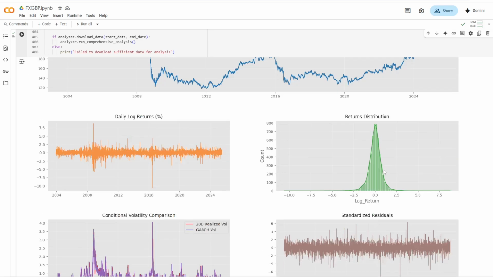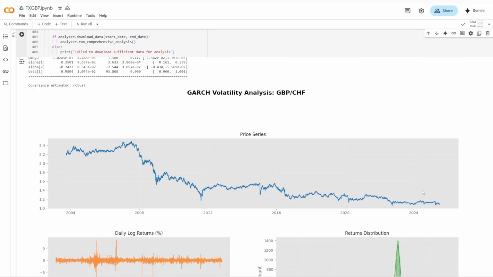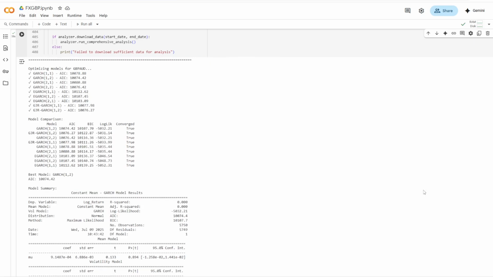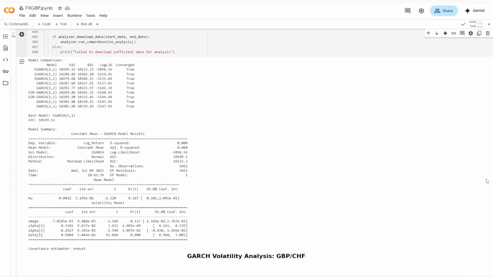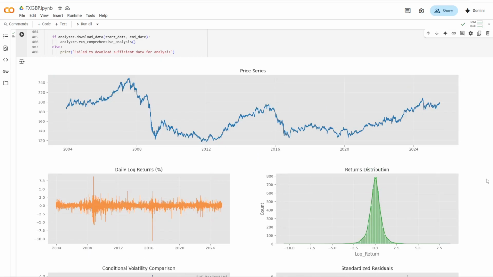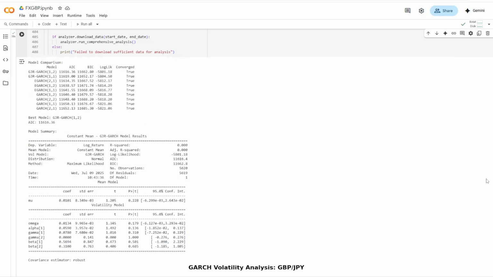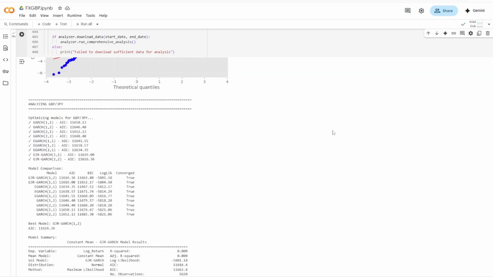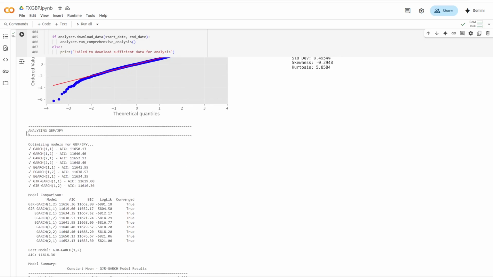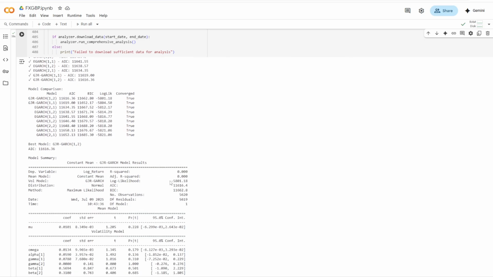So we have the GARCH models, we can measure the conditional volatility, and we can build a good idea. Okay, so let's say analyzing the pound yen.